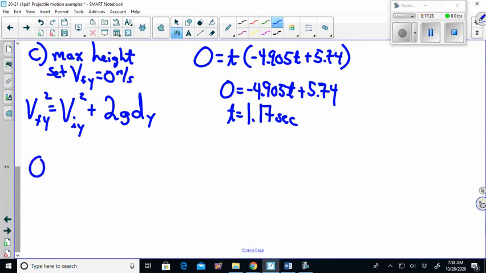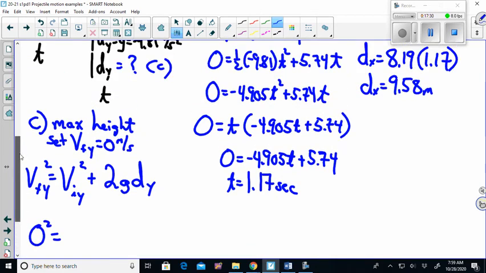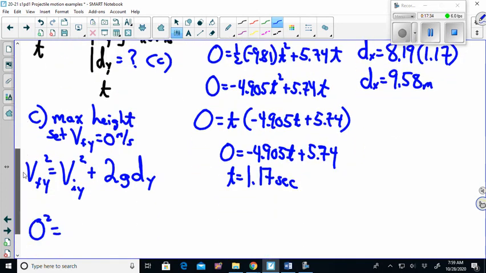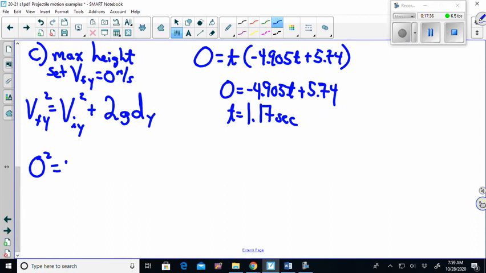So VFY, I'm going to set that to 0 squared equals initial velocity 5.74 squared plus 2 times negative 9.81 times dy. Ooh, 5.74 squared, well, 5 squared is 25, so it should be a little bit bigger than that, but less than 36.